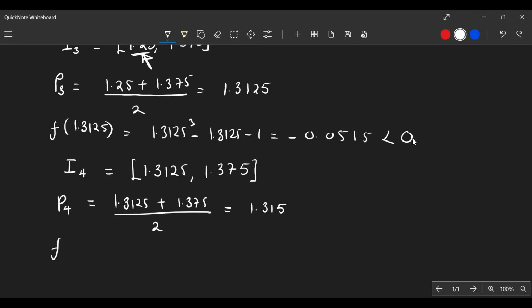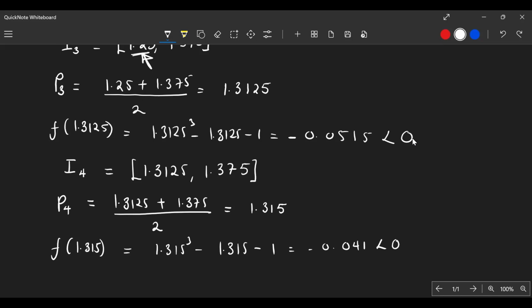And then I'll substitute this in f of 1.315. This is 1.315 to the power 3 minus 1.315 minus 1. So this is negative 0.041, something like that, and this is less than 0.